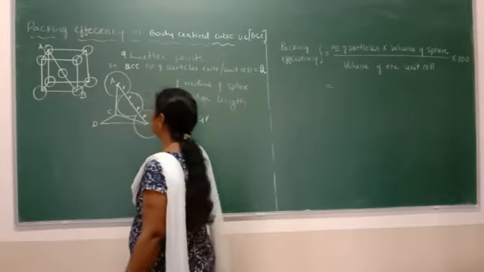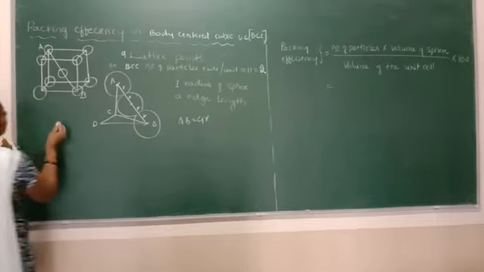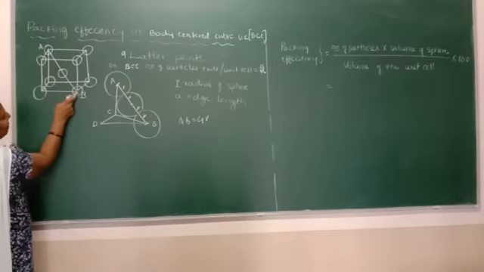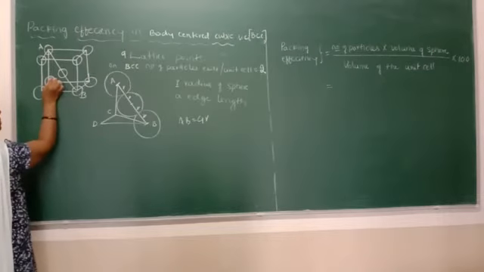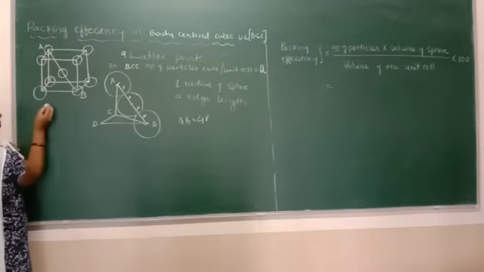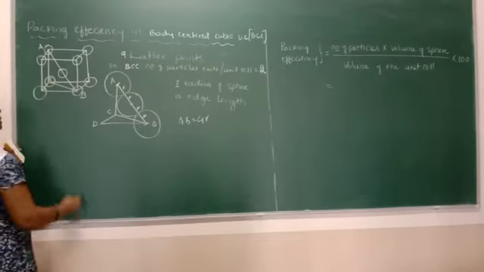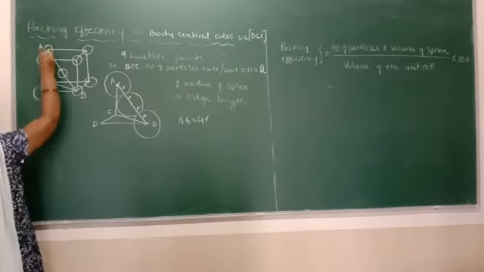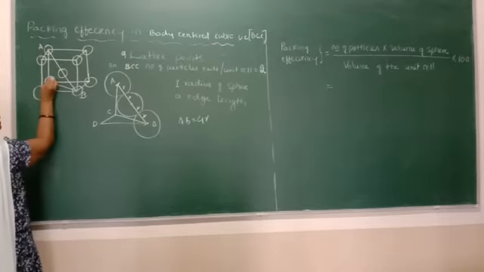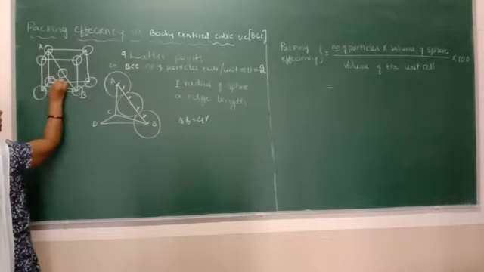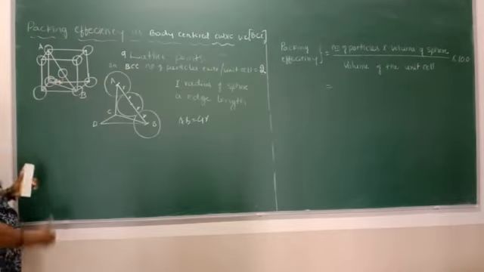For that purpose, we are drawing one more diagonal, from B to a point called C. C is a corner point. From B to C, we will draw a diagonal. So ACB is a right angle triangle, having an angle of 90 degrees.